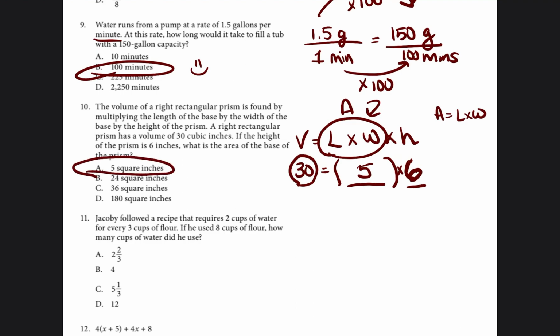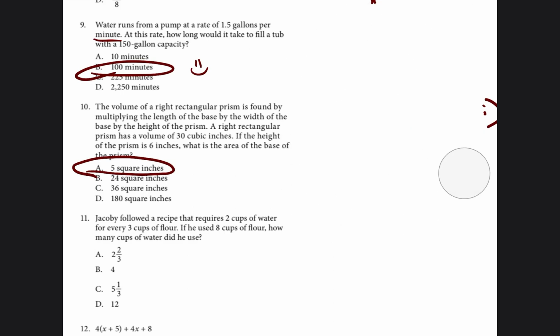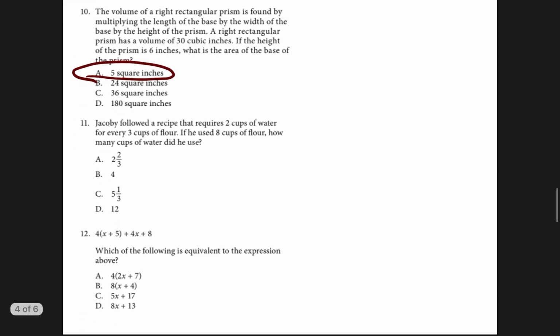So in this one, I had to use some of my outside knowledge to know that area is length times width. So they just asked us, what number can this be if this is equal to 6? And that's super simple, because 5 times 6 is equal to 30. I'm going to erase this so that I don't get overwhelmed. If I had a new sheet of paper, I'd be using another piece of paper.